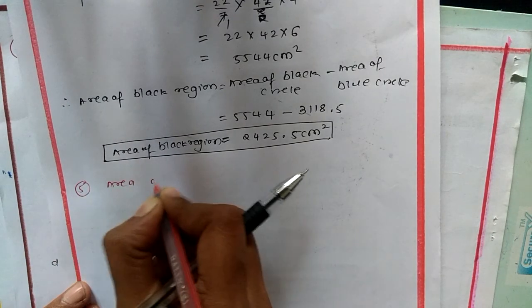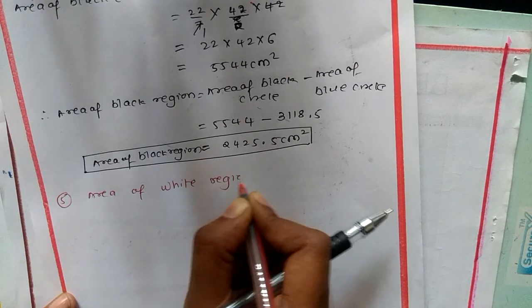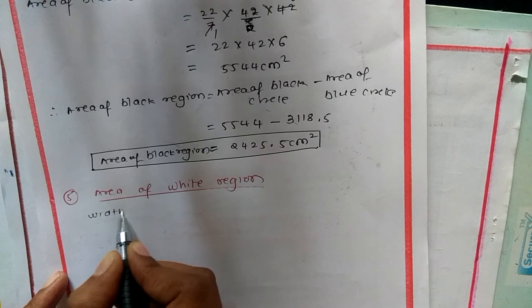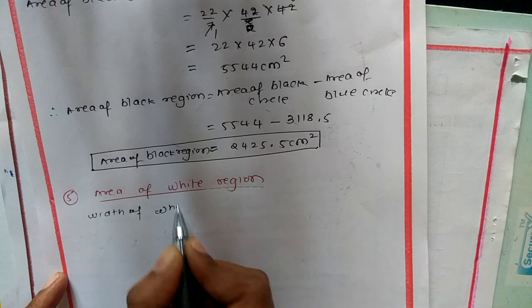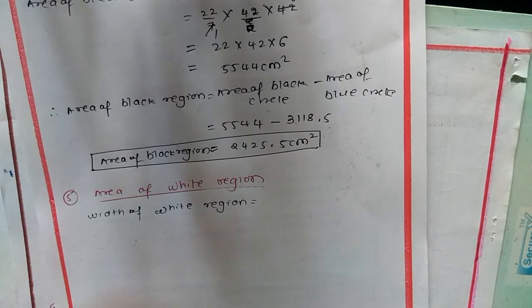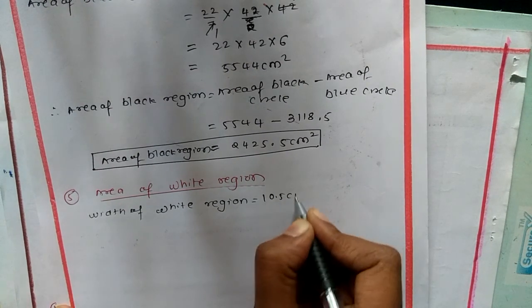So now we are finding the area of the white region. So, width of white region. Why do you need to write the width every time? Because sometimes the width is the same here, but in all the questions the width will not be the same. So you need to write the width here, that is 10.5 centimeters.